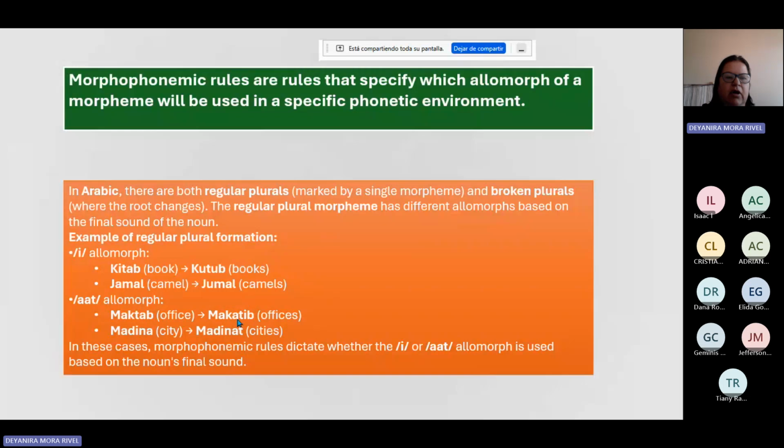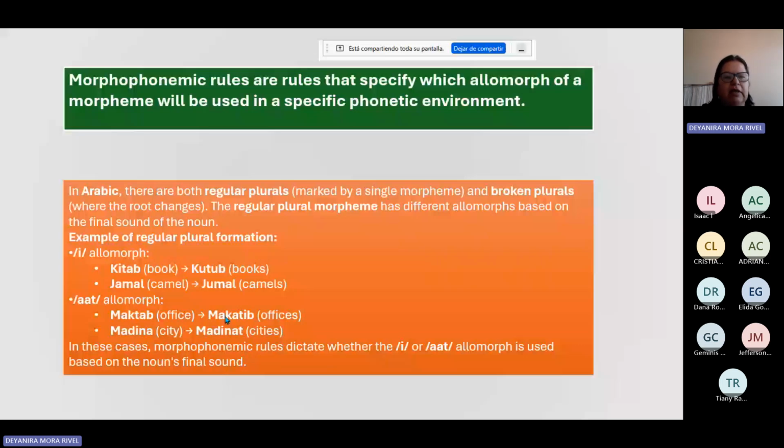I'm not sure, maybe this was wrong where I took it, maybe that we have an I at the end, or actually, no, this is not the one that changes it. Maktab, and I think that it may be maktib.